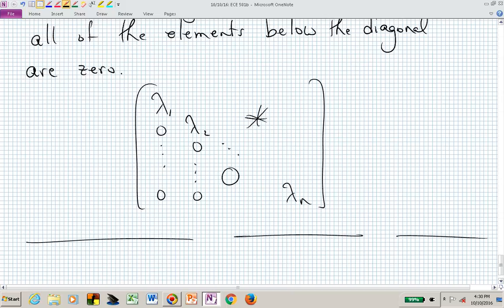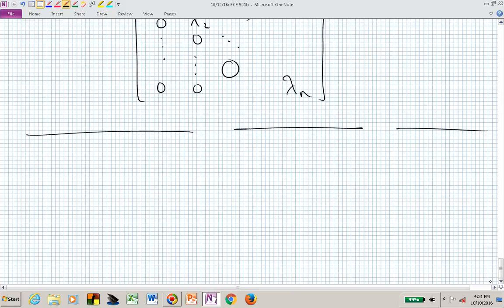So now, not only do we have all zeros below the first element in the first column, as we move over to each subsequent column, we have all zeros below each of those diagonal elements. And what we want to do now is learn a little bit more about those particular matrices.